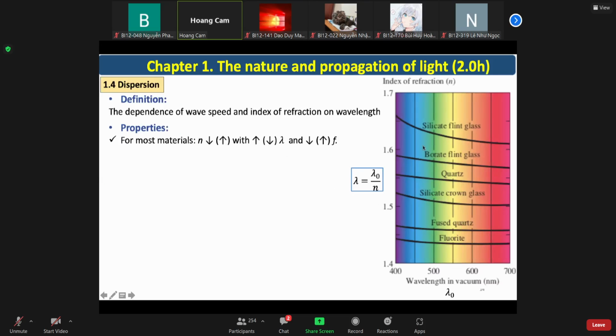So longer wavelengths mean lower refractive index. You see, it decreases over the wavelengths. And wavelength and frequency, please keep in mind, are inversely proportional.